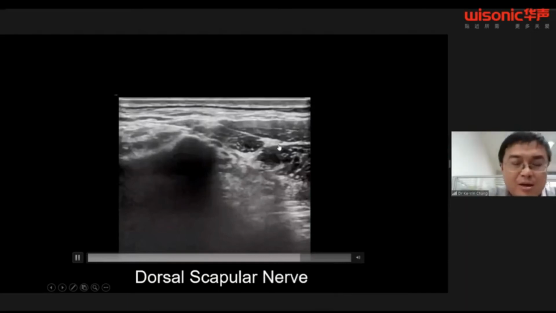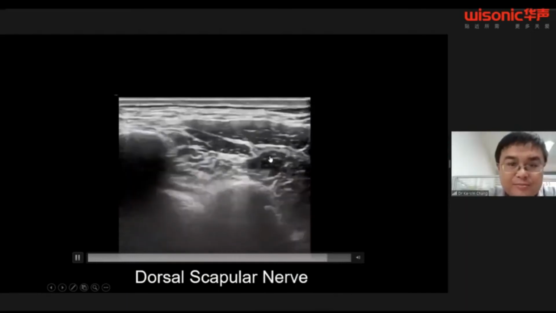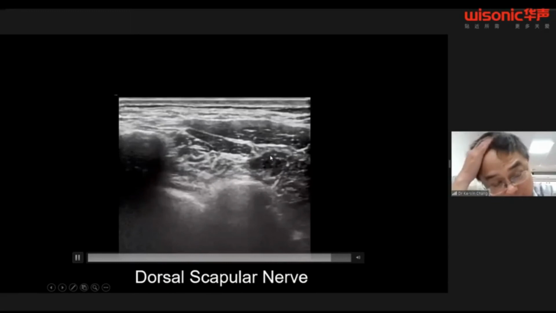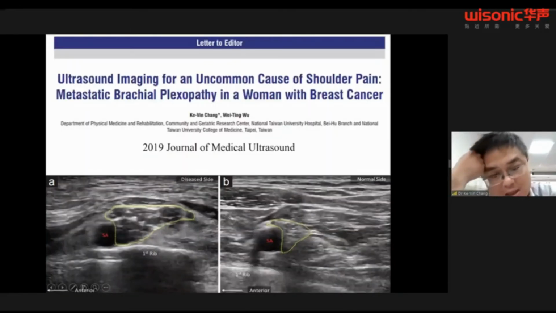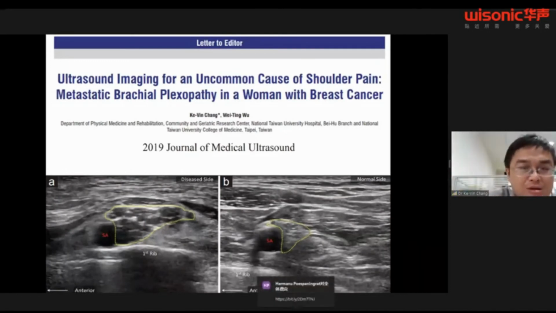So when you scan the C5 nerve root, if you find a small bubble emerge from the C5, this must be the dorsal scapular nerve. And then we know the dorsal scapular nerve is going to innervate the levator scapulae and the rhomboid muscle. So if you track the dorsal scapular nerve, it's going to course underneath the levator scapulae.